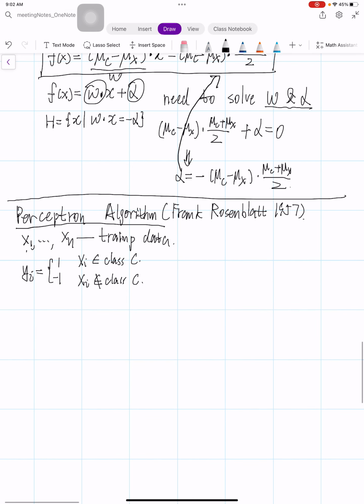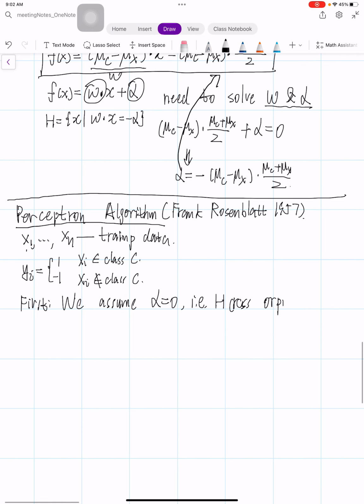First, we assume alpha equals 0. In other words, we want our decision boundary to cross the origin, and later on we're going to generalize.